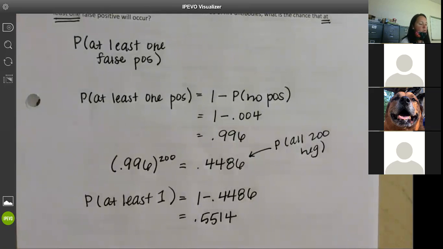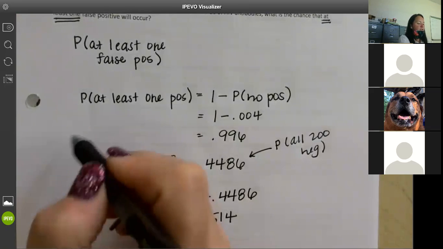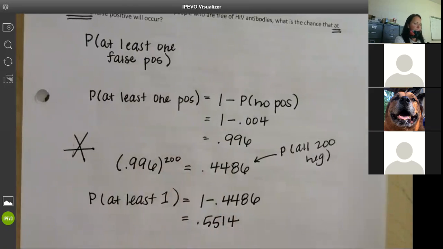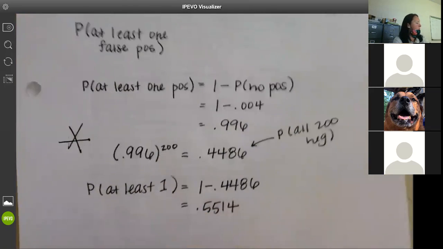So the chance of at least one false positive in those 200 people is a 55% chance. Watch this one. It's the most missed on the test. All right, one more.